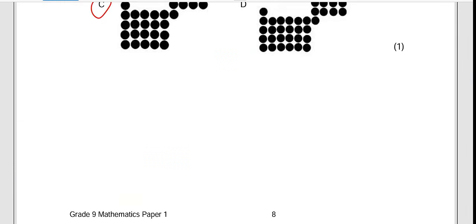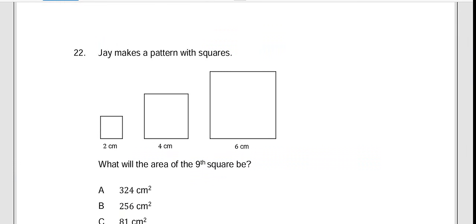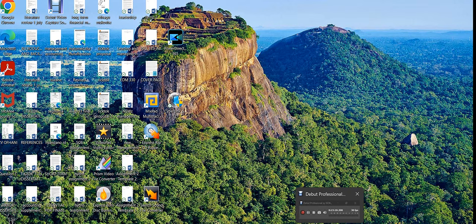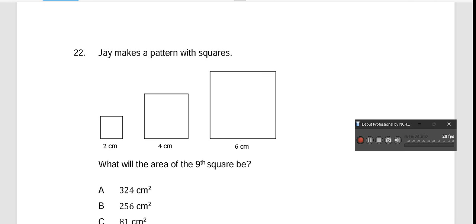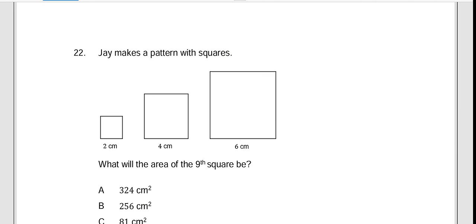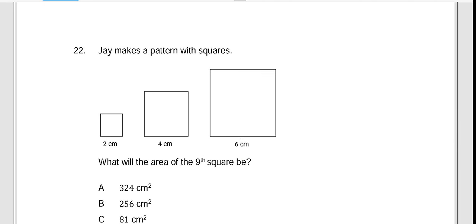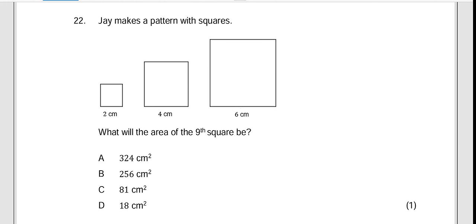Let's now proceed to the next question. Okay, guys, let's proceed. Number 22. J makes a pattern with squares. What would the area of the ninth square be?